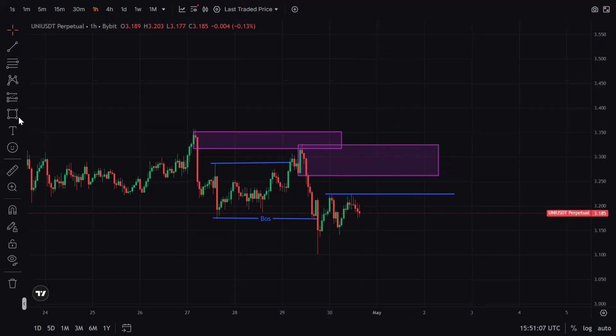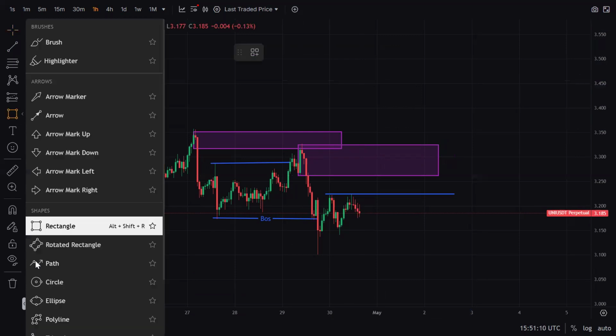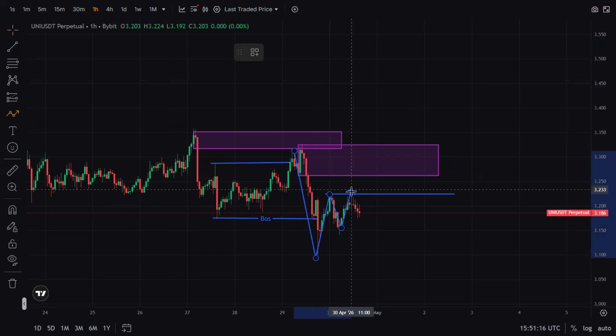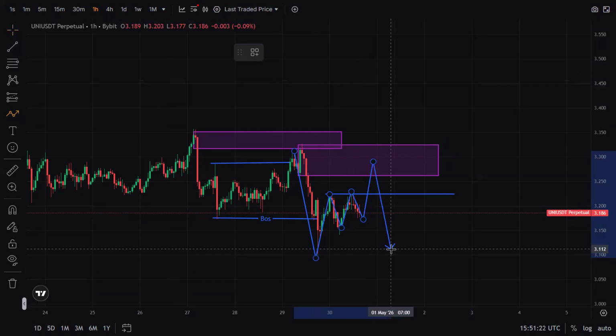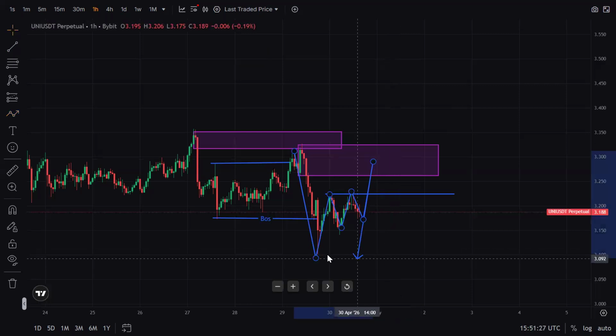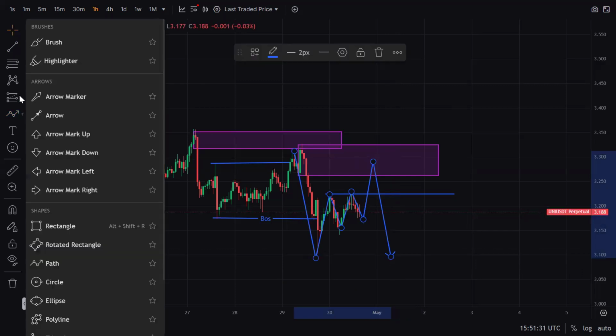So I'm anticipating that price is going to do this, come like so, give us some inducement, tap into here, and then fall back to the downside. Maybe target here as our take profit.